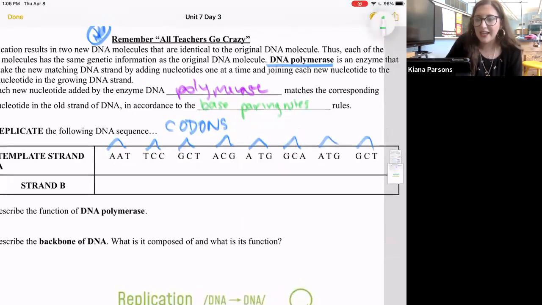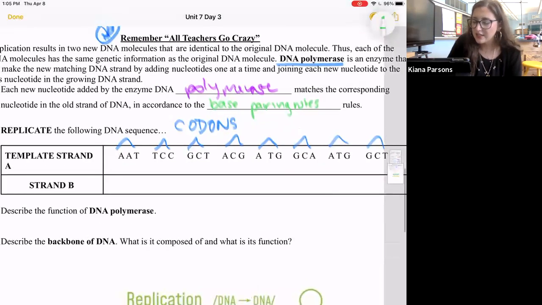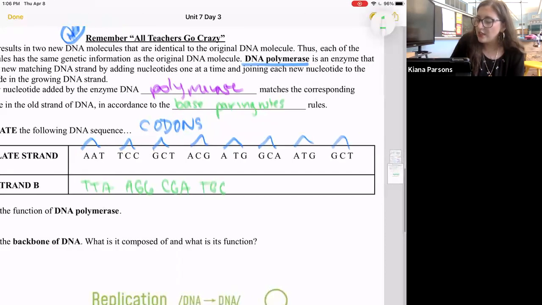So now we're going to replicate the following DNA sequence. The template strand, AAT, TTA, TCC, AGG, GCT, CGA, ACG, TGC, ATG, TAC, GCA, CGT, ATG, TAC, GCT, CGA.